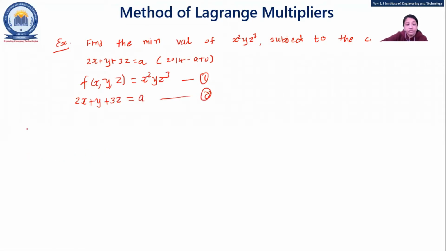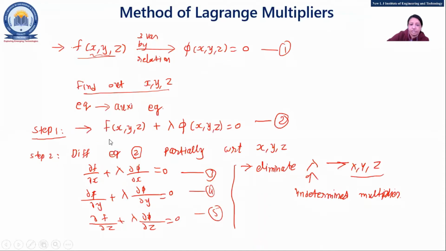So what is the first step? To write the auxiliary equation. Fine. So auxiliary equation, that means what? This is your f(x,y,z), so this is x square y z cube, plus lambda times phi of this.